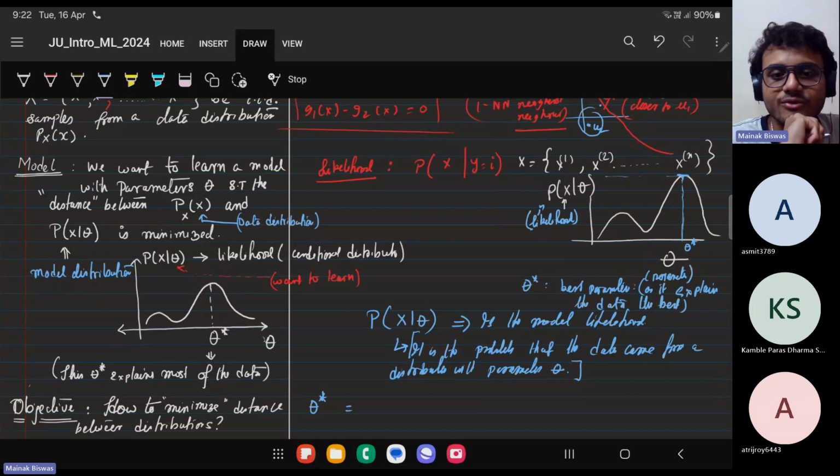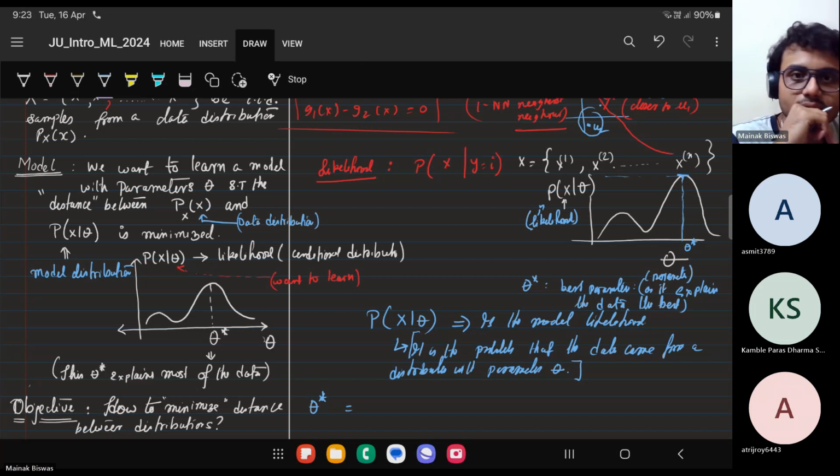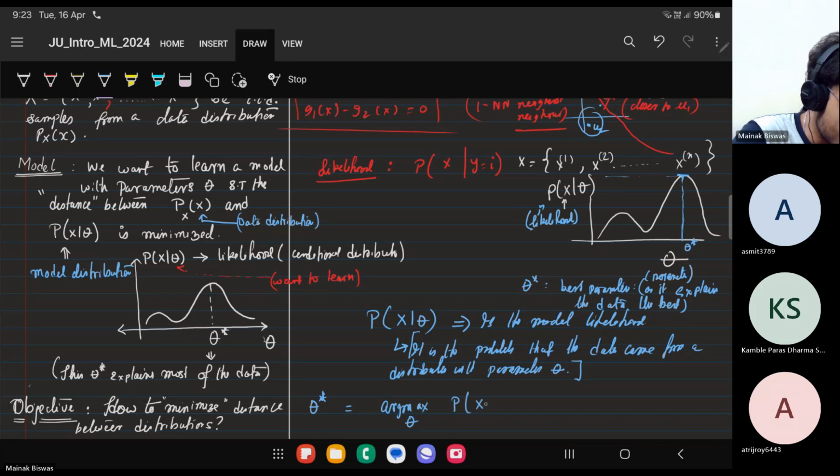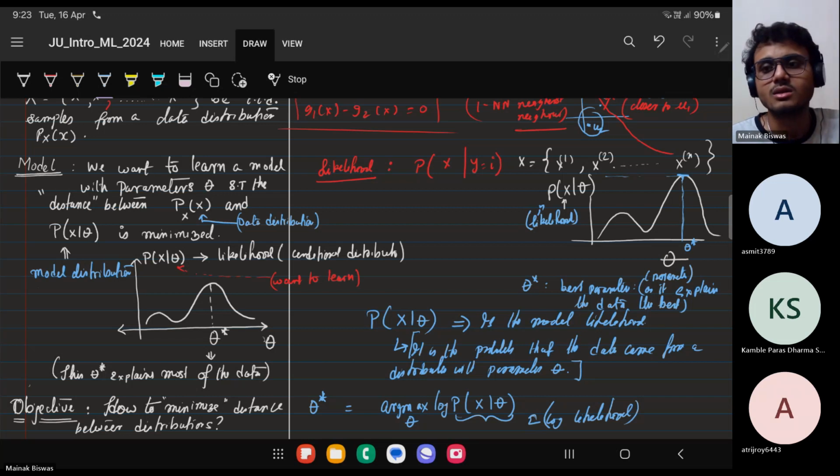Can you tell me from the figure? You can learn theta star. This is the likelihood, and if you put the log in front, it's called the log likelihood. Both are the same. Is this okay?